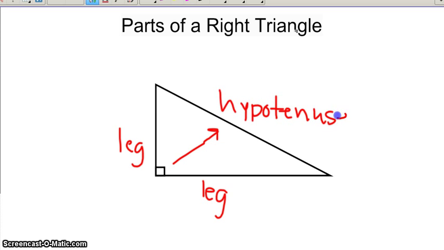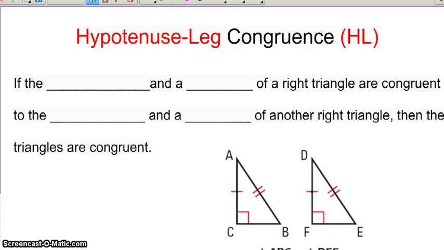And so you probably remember this from middle school. But you need to know those parts, and there's a reason, because our shortcut only deals with right triangles. So let's look at the name of the shortcut. The shortcut that we're going to learn today is called the hypotenuse leg shortcut.